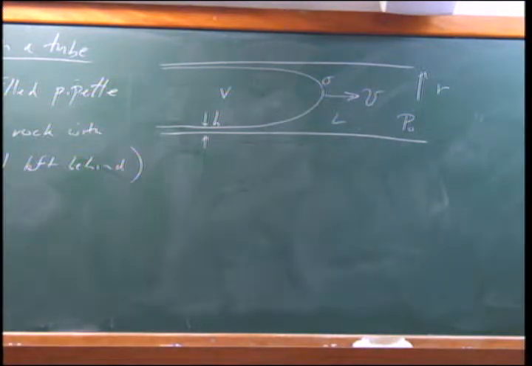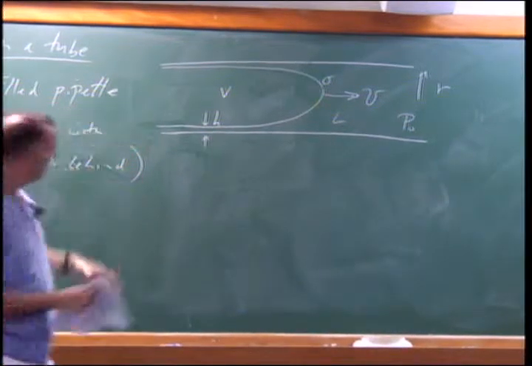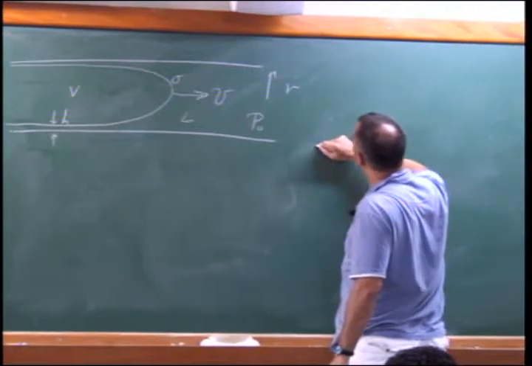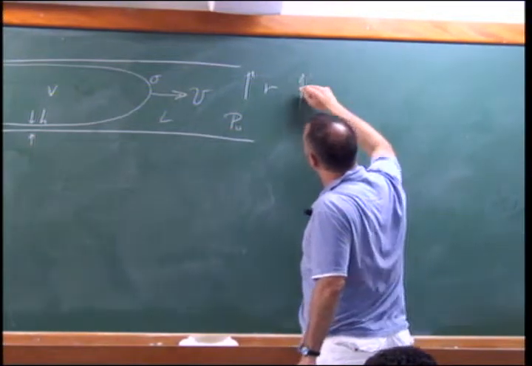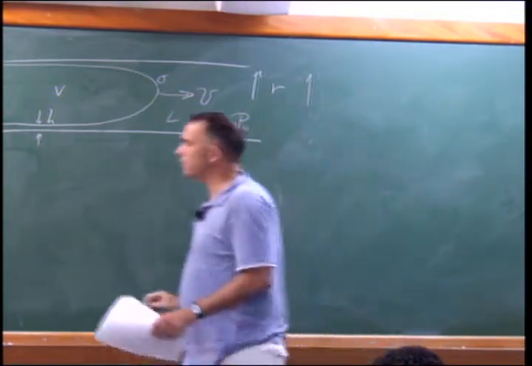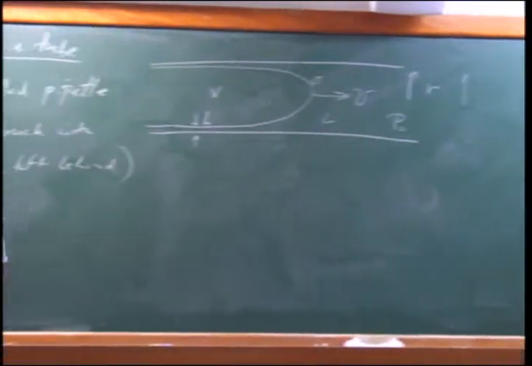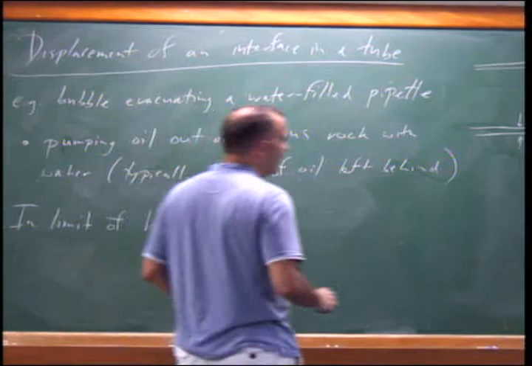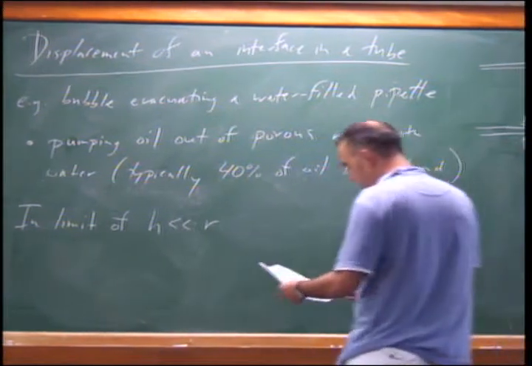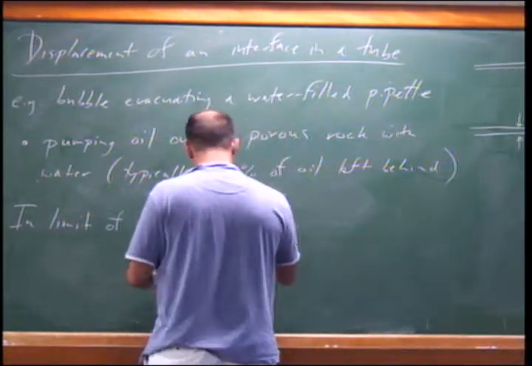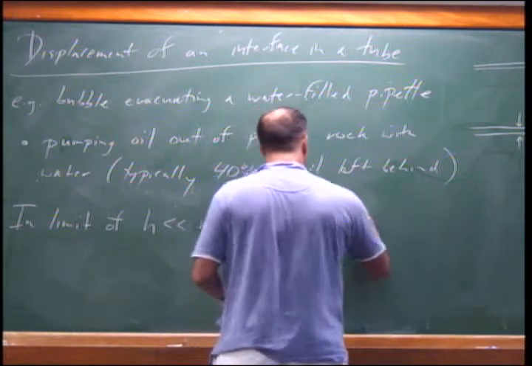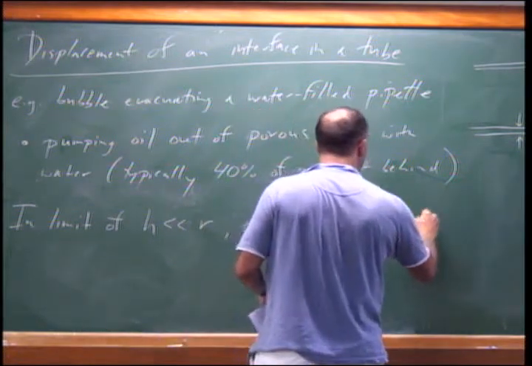I'm imagining here a cylindrical geometry, just for the sake of simplicity. This R is the radius of our tube, and we're imagining the thickness is much less than R, so we can calculate the pressure gradient in the meniscus.